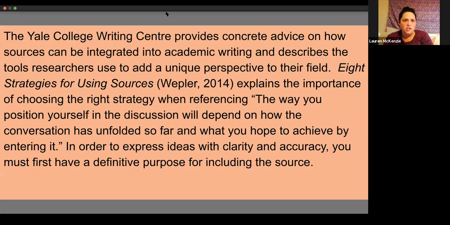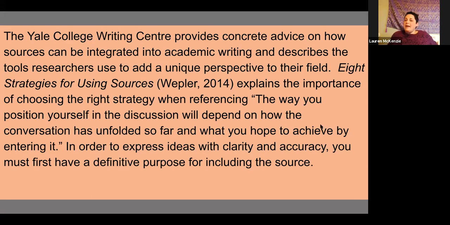So there's the original, and now here's my paraphrase. You can see that it is around the same length as the original. At the beginning, I have included where I got the source, the Yale College Writing Center. And then I offer a little summary of the document I am talking about.